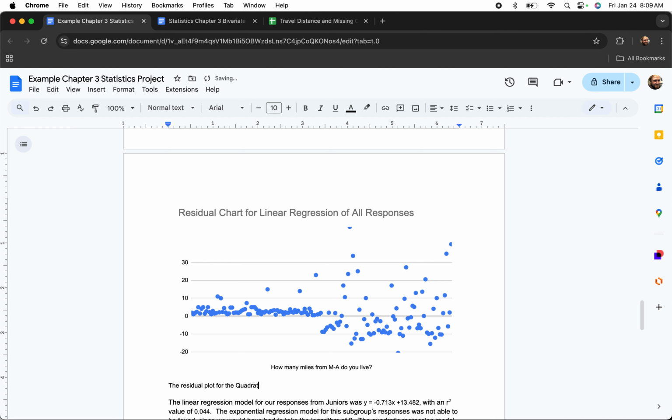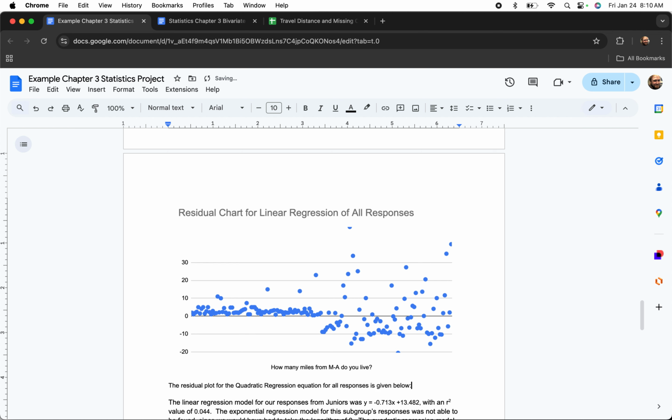Equation for all responses is given below. And then a little note to myself to insert graph as soon as I can.